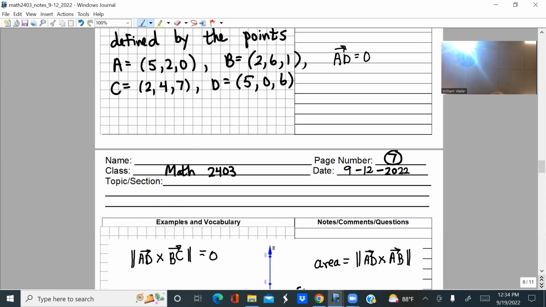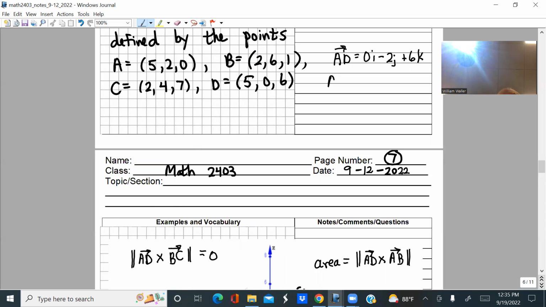Is that 0i minus 2j plus 6k? Is that right? So the vector from A to D, right? Okay. 5 minus 5 is 0, right? 5 minus 5 is 0. 0 minus 2 is -2. 6 minus 0 is 6.